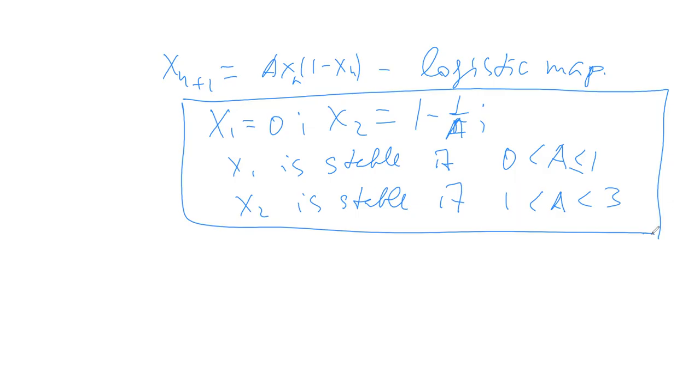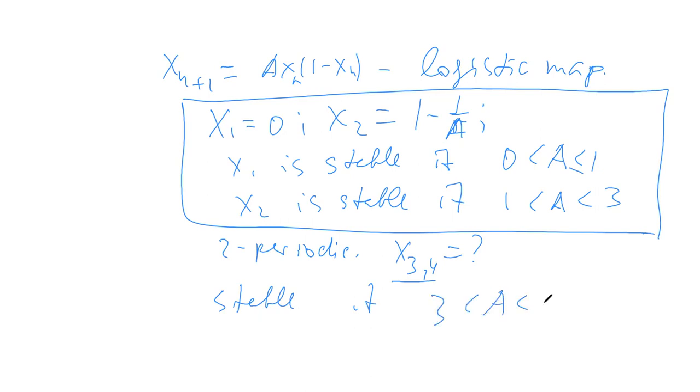But this was fine, and we even had two periodic solutions, x3, x4. I don't remember what they were, you can find it. But they were stable if A is between 3 and, I don't remember, 1 plus square root of 6, I think.